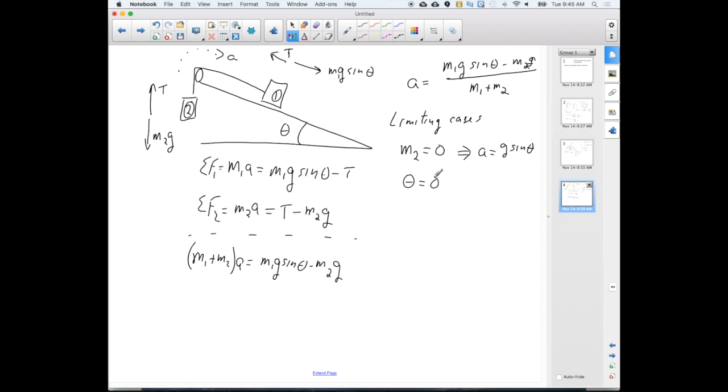We get acceleration of number 2 is just equal to M2 over M1 plus M2 times g, which is exactly the result we got last time, correct? And then clearly we could also do M1 is 0, in which case A2 is equal to g.